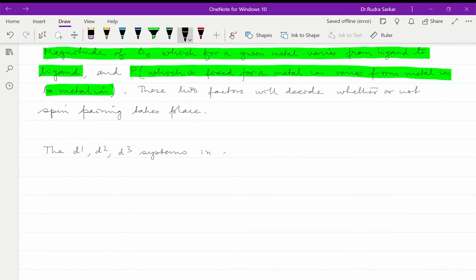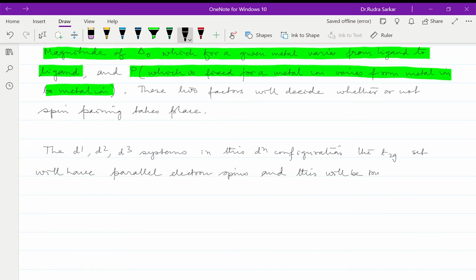In this dn configuration, the T2G set will have parallel electron spins, and this will be true irrespective of the field strength.